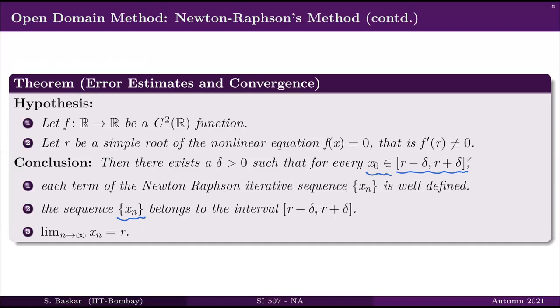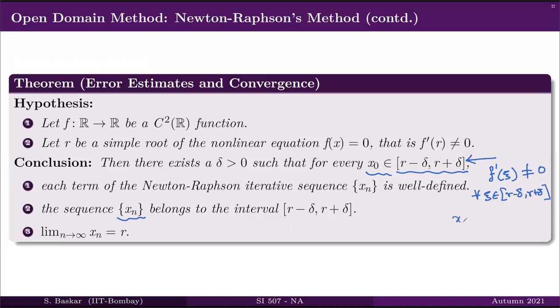Why? Because basically we have chosen this interval r minus delta to r plus delta in such a way that f dash of xi is not equal to 0 for all xi in this interval, right? That is how we have chosen this interval.